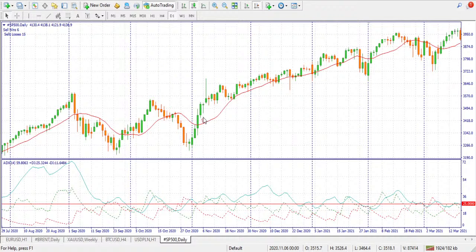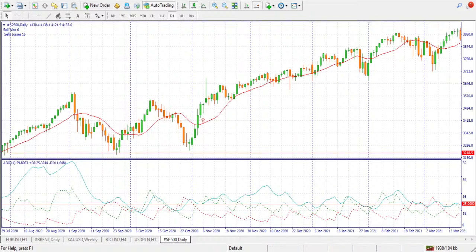As I've said just now, if you take this position, your stop loss must be below this low. Is that clear? So expect it to continue up, expect a continuation much higher.